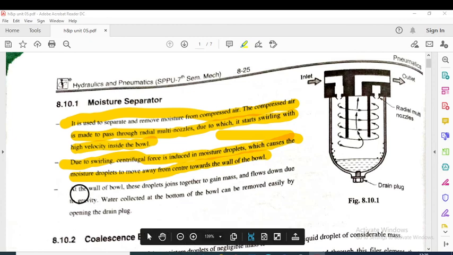At the wall of the bowl, these droplets join together, gain mass and flow down due to gravity. Water collects at the bottom of the bowl and can be removed using this drain plug here. Okay.